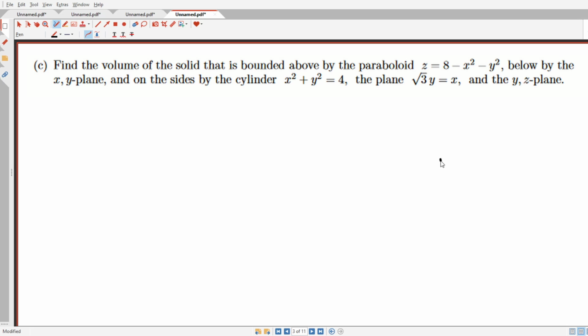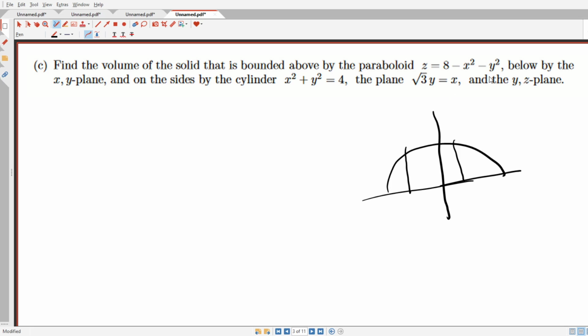So if we have the xy plane, then this is going to be coming up over the top like a parabola. We have x squared plus y squared equals 4. That's this. It's a cylinder. Oh, this is a weird shape, I see.